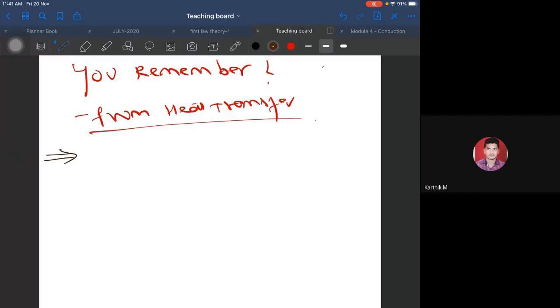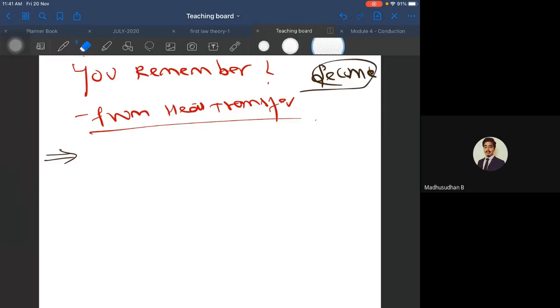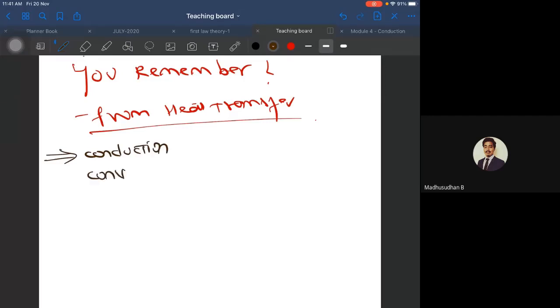Thermal reservoir, source. Yes, Karthik. Thermal reservoir. That is with regard to the second law of thermodynamics, right? I'm asking about heat transfer now. Conduction, radiation. Okay, so three forms of heat transfer we have discussed, which are conduction, convection, and radiation. Yes.